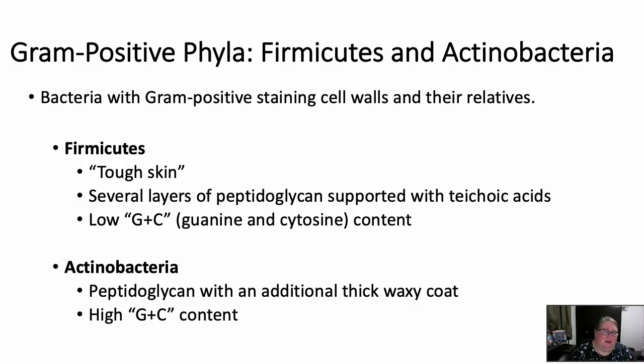Now, one of the ways that we can tell the difference between Firmicutes and Actinobacteria is by looking at their DNA sequencing. So Firmicutes have low GC content, which means that compared to adenine and thymine, the amount of guanine and cytosine in the DNA is considerably lower. And Actinobacteria are the opposite. They have extremely high GC content, meaning they have very few A's and T's in their DNA.